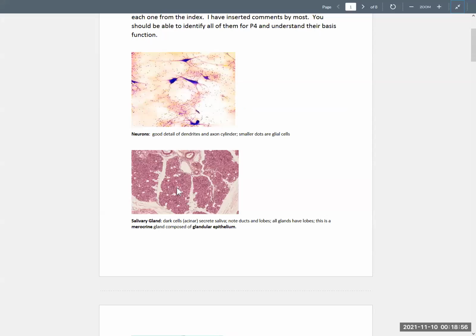This is salivary gland. Glands always have lobes. You see these lines running through, they're not blood vessels. And if they were a blood vessel, what's the chance you could take a knife and cut tissue right down the center of the cross section of the blood vessel? Not a chance.